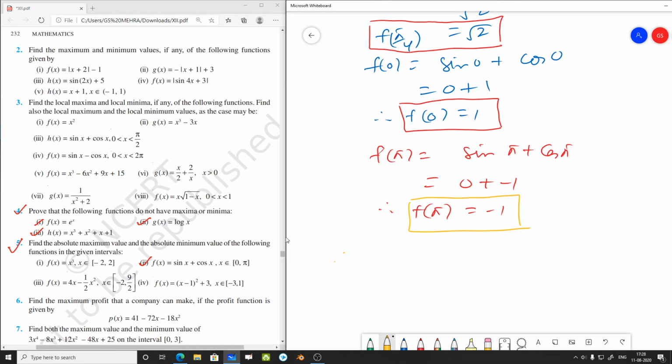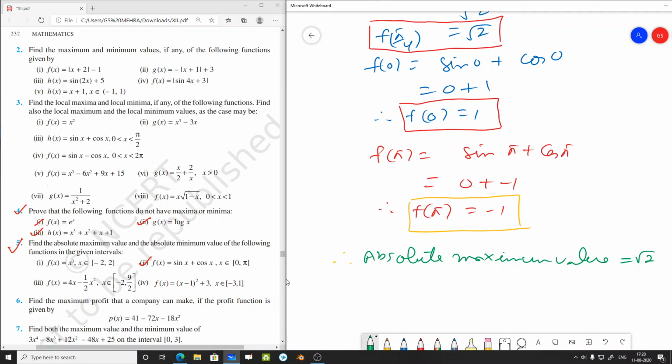So therefore we can say that the absolute maximum value is equal to, from these three we have to find the greatest value, that is root 2. So absolute maximum value will be root 2, because root 2 is greater than even 1, since root 2 is somewhere near 1.414.